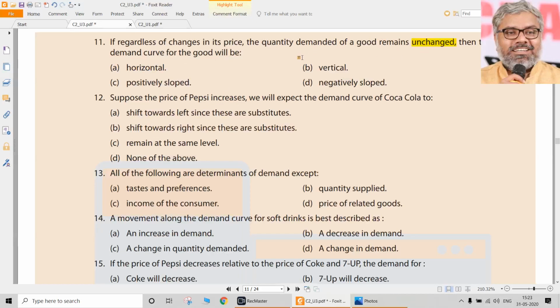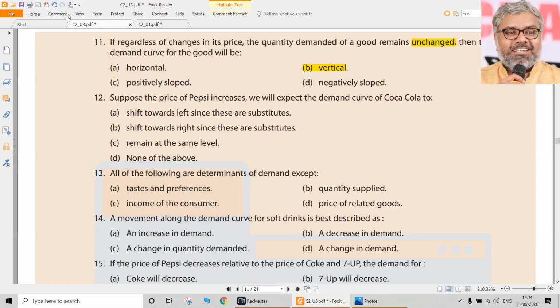When it is 0, how is the demand curve going to be? Already we discussed that also. That is going to be vertical, if the price elasticity of demand is 0, because the quantity is going to be the same. Quantity is not going to be changing.